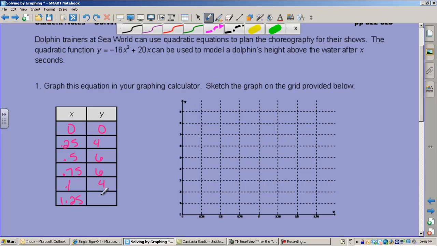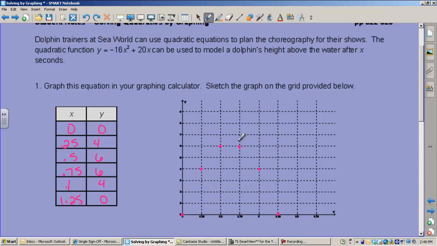So this is what our table is going to look like, and I'm going to plot these points on here to sketch my graph. So I have 0, 0. At 0.25 I'm at 4. At 0.5 it's at 6. 0.75 is also at 6, 1 is at 4, and 1.25 is back to 0.